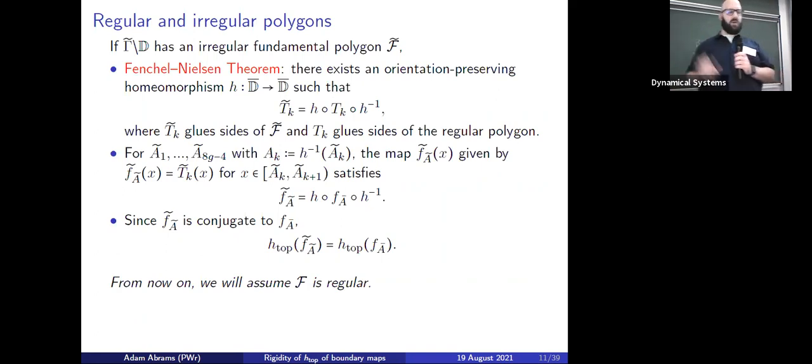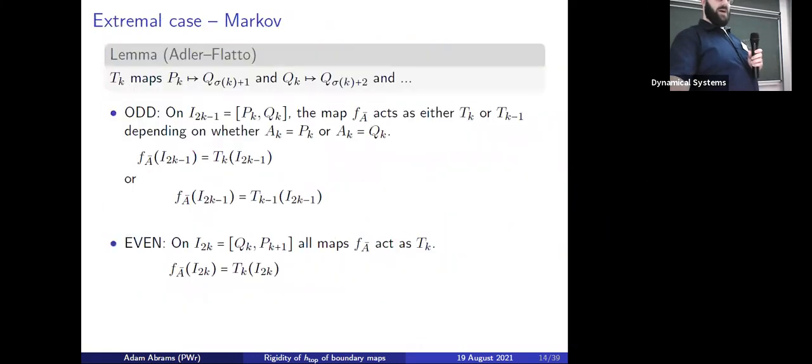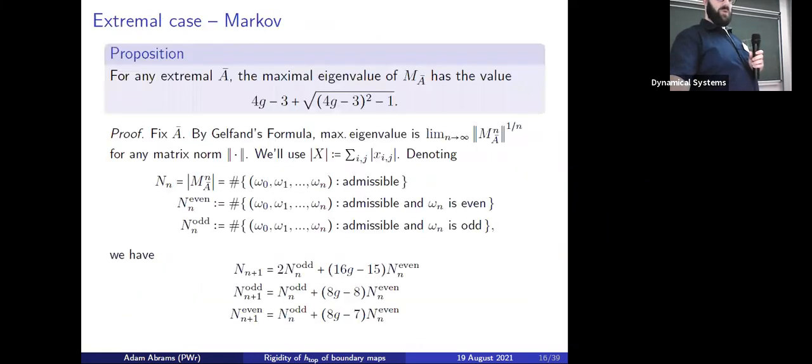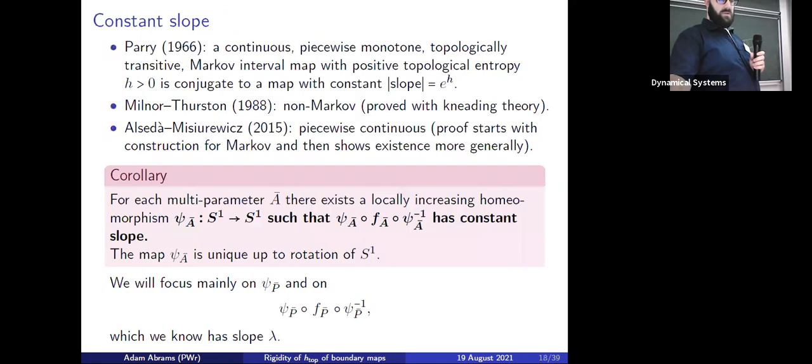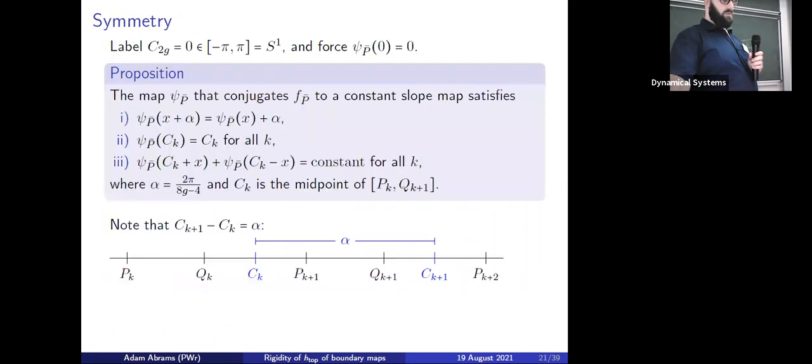So I know that there also are some results about that conjugating map between the irregular polygon and the regular polygon. We didn't try to investigate whether our conjugation psi to constant slope is Hölder or not, but I would guess that it is.